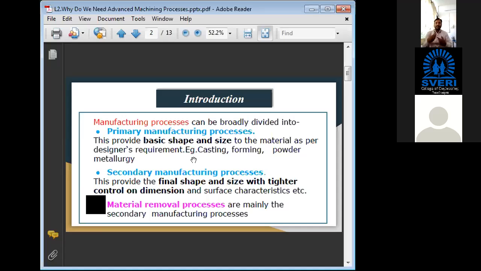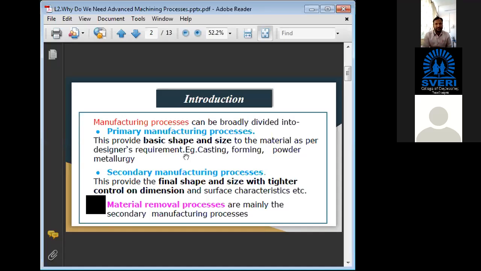Again the question arises: what are those primary manufacturing processes? Here I have written some examples. The casting process, as you know, you have studied casting in the MP subject. That is a primary manufacturing process. Then forming, then powder metallurgy, which you will learn in the metallurgy subject, where there is a separate unit.